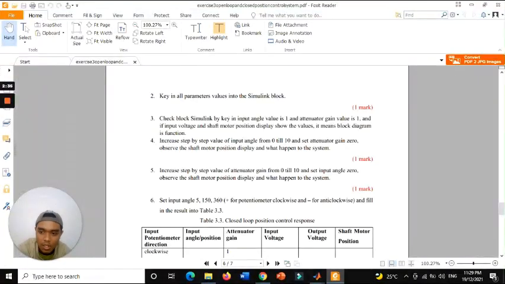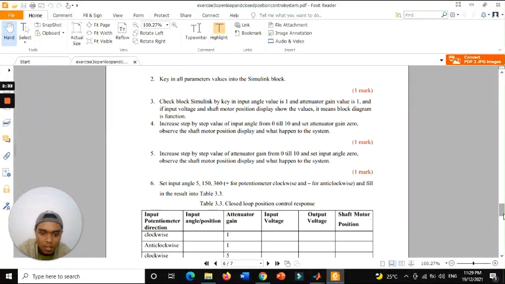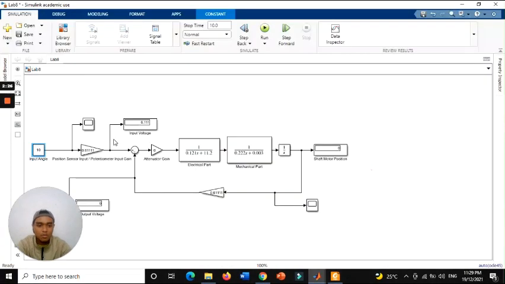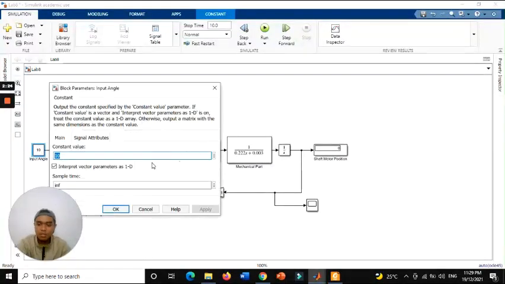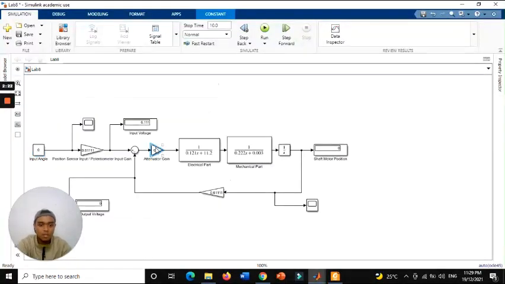So the second instruction is to increase step by step the value of the attenuator gain from 0 till 10 and set the input angle to 0. So now input angle 0, attenuator gain 1. Shaft motor position is also 0.